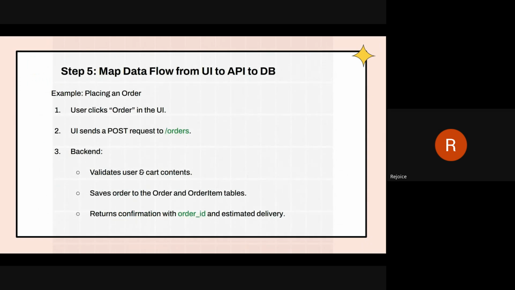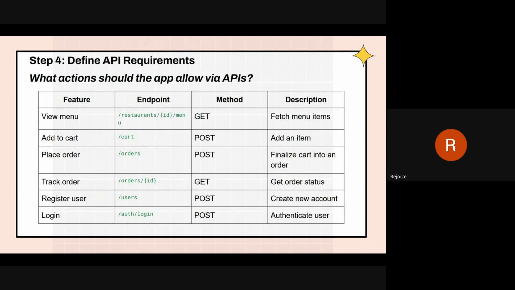Okay, so we're done with our APIs, right? The requirements, we know from our use case what users are supposed to be able to do: register, login, view the menu, add to cart, place an order, pay, then track the order.